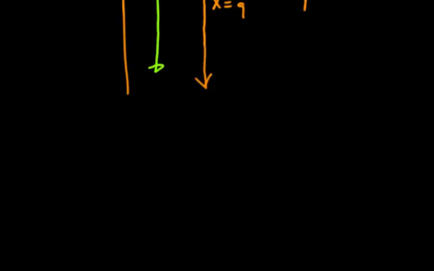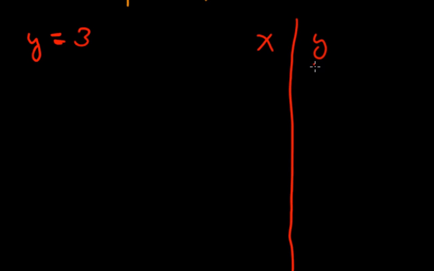And of course, if we have vertical lines, then we sure have horizontal lines. And horizontal lines come out when y equals some constant. So if y equals 3 and I make an xy table, if x is 1, y is 3. If x is 0, y is still 3. If x is negative 2, y is still 3.